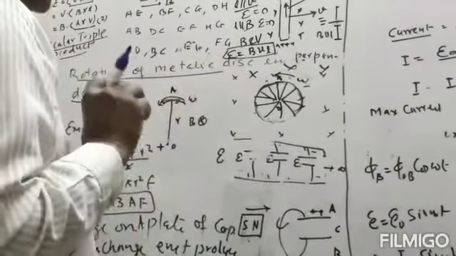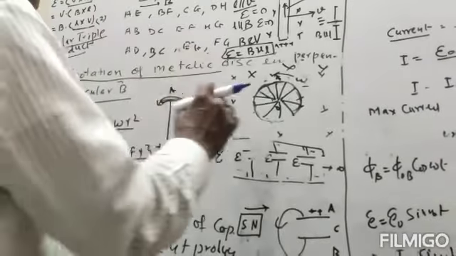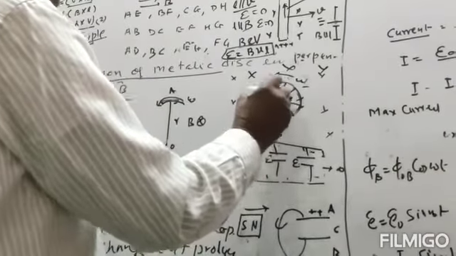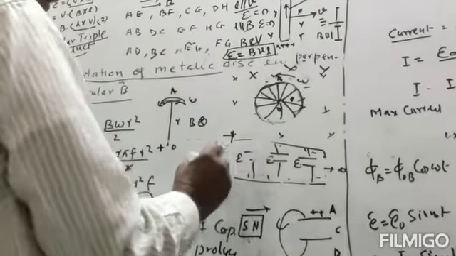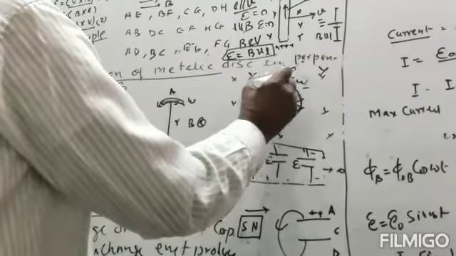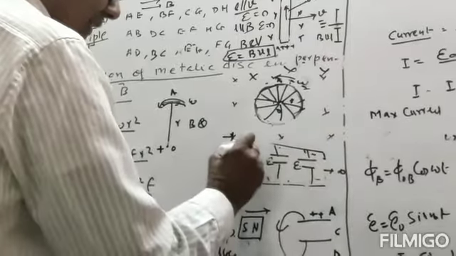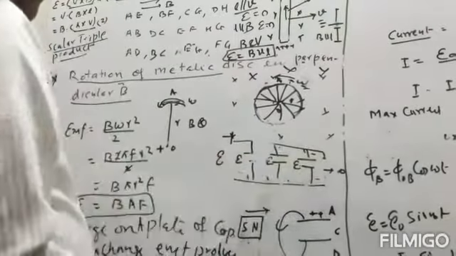Now what will be the total EMF? Here we consider that the center point will be positive, and all these points at the rim will be negative. So all positives are connected here, and all negatives are connected.